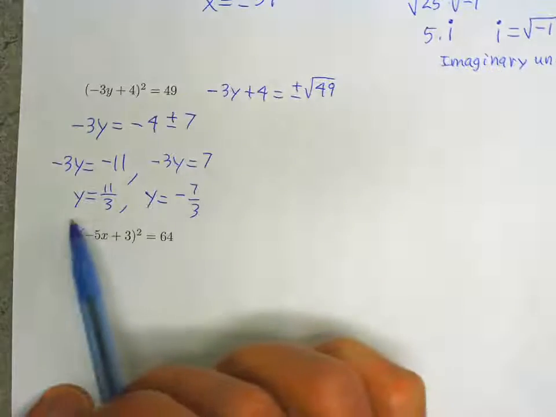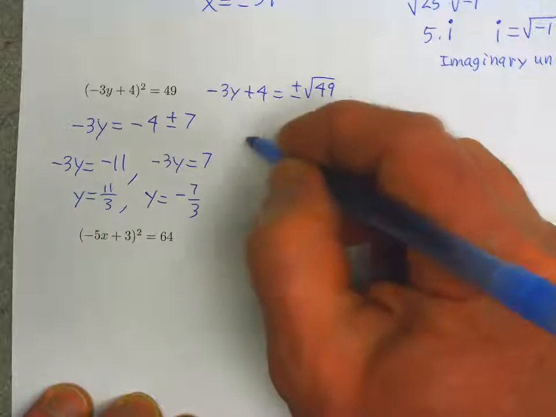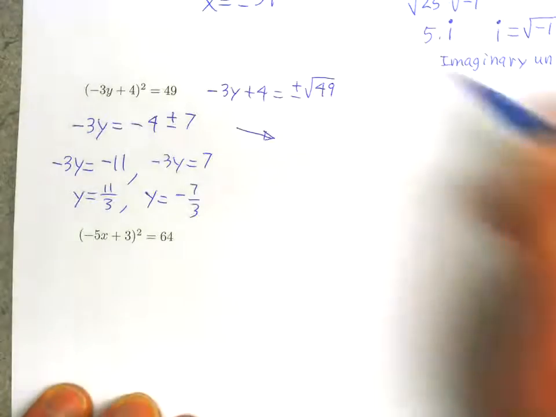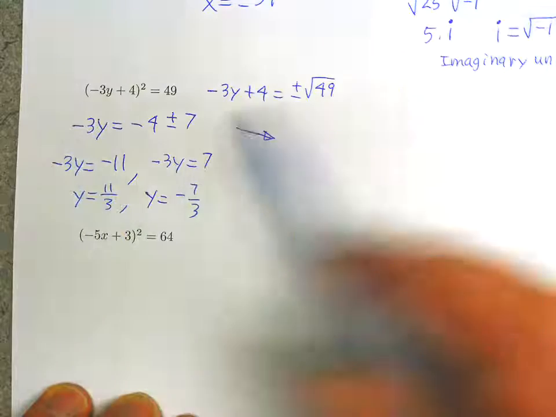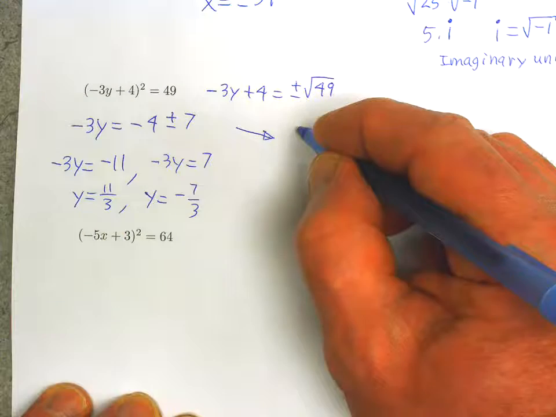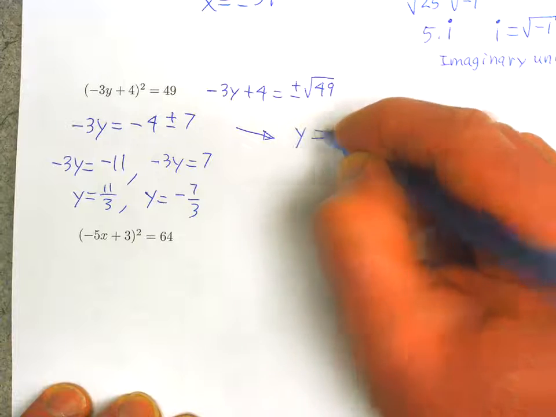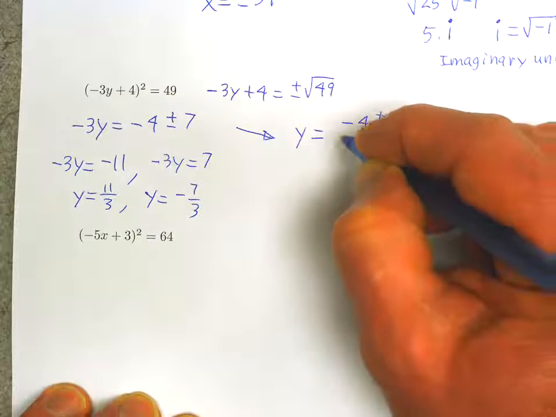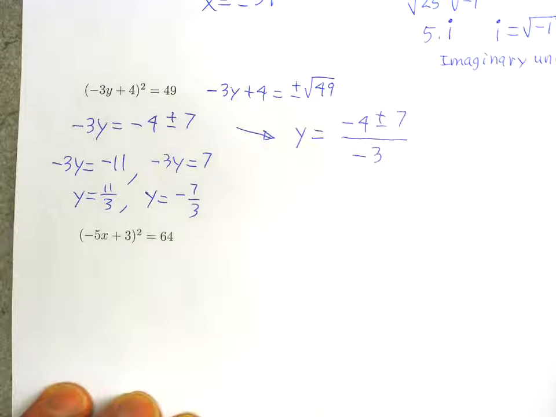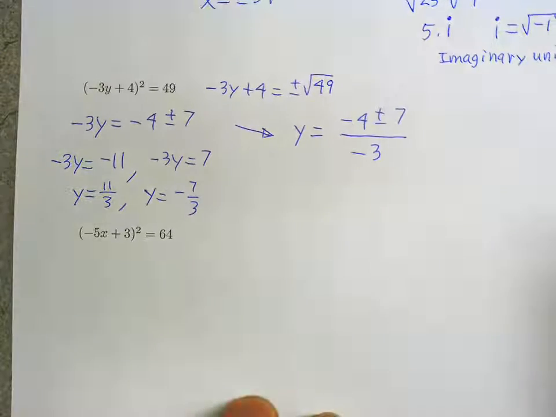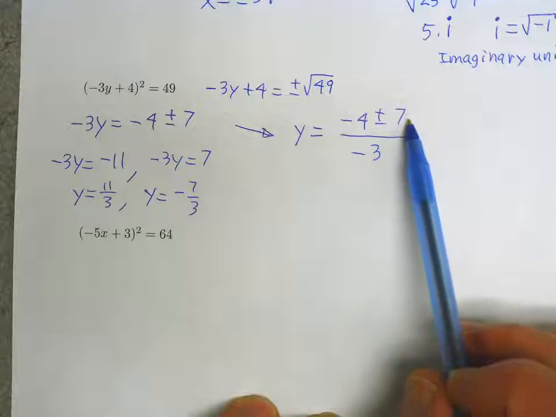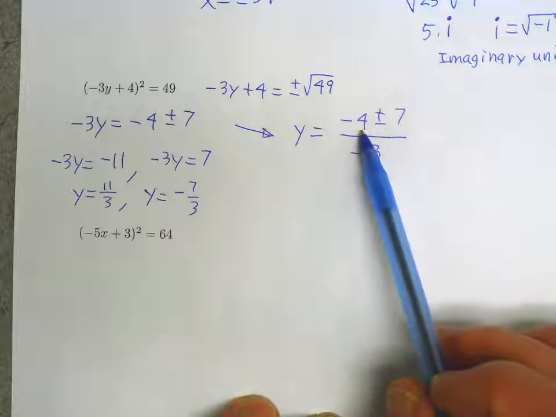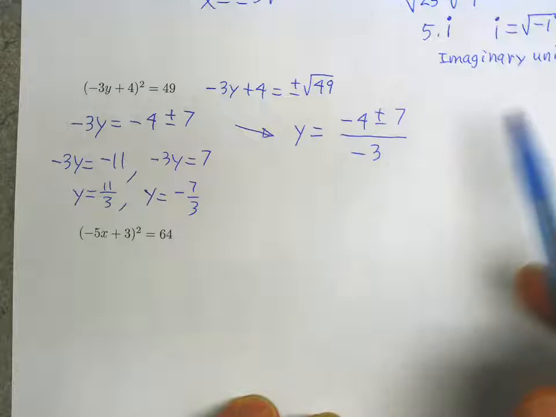Yeah, this is probably how I would prefer to do it, but there's another option. From this step, you can divide both sides by negative 3, and you can write it as y equals negative 4 plus and minus 7, all divided by negative 3. But as I mentioned earlier, we have to simplify further, and we have to write the solution separately.